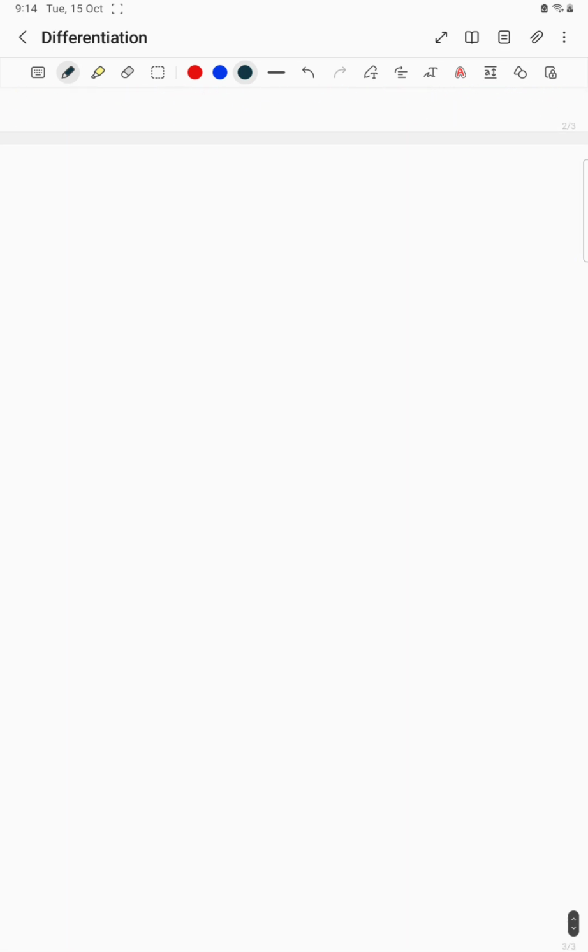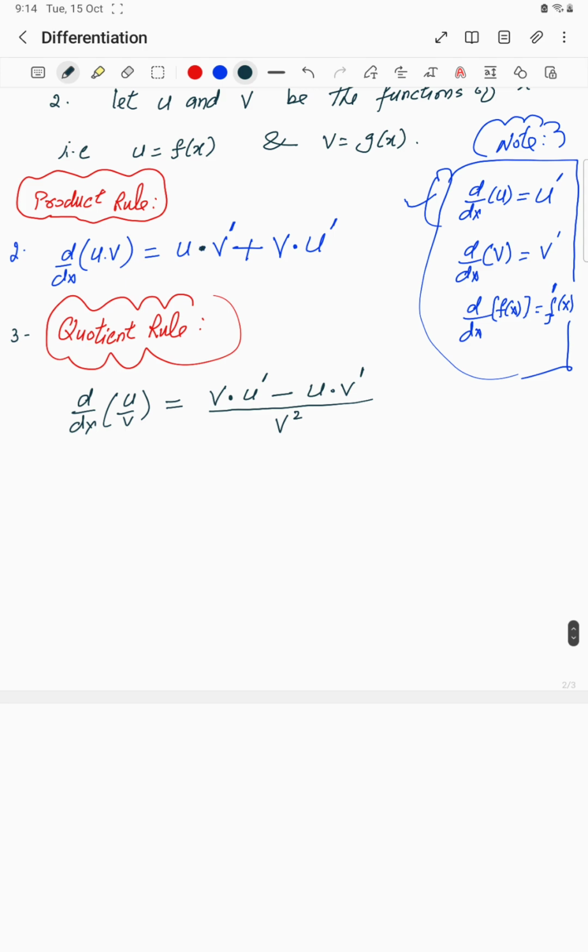Okay, the next rule we can say is number 4, that is the exponent rule, meaning the exponential function rule.